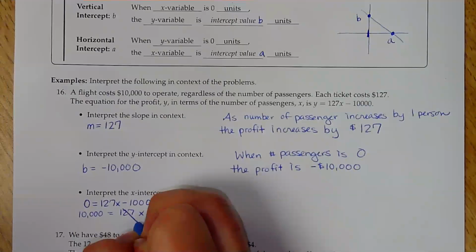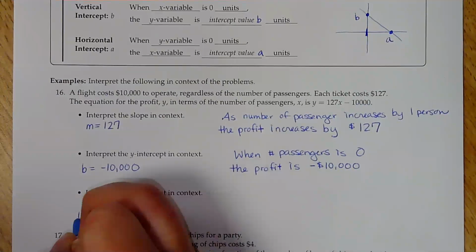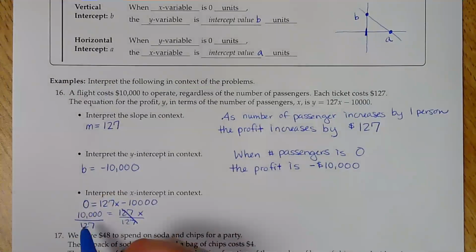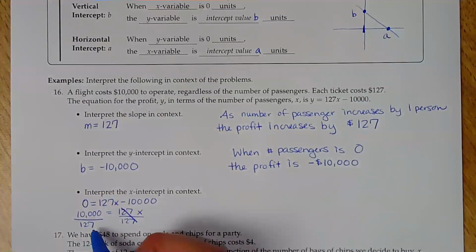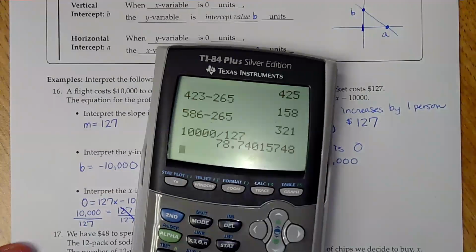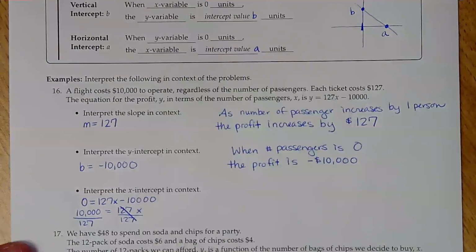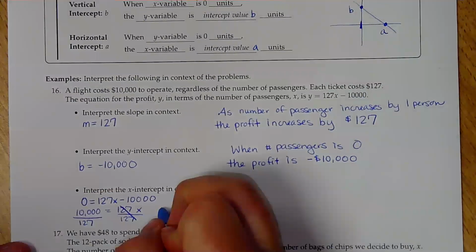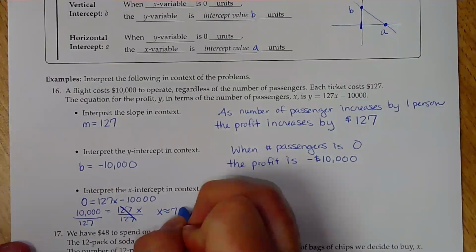So we'll divide both sides by 127. So we get x is 10,000 over 127, and see what that comes out to be. So it's approximately 79. So x is approximately 79.